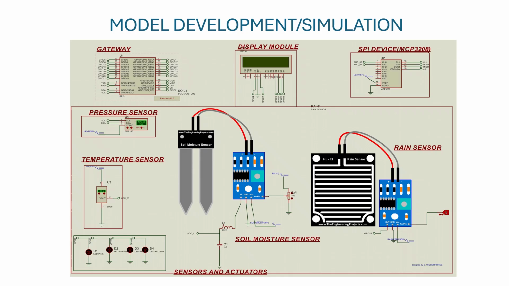You can clearly see from the model that it has one gateway, display module and SPI, that is serial peripheral interface at the top. Then we have different kinds of sensors and actuators connected at the bottom. The diagram is very easy to understand.